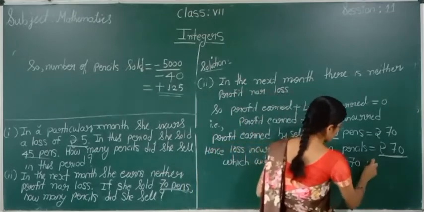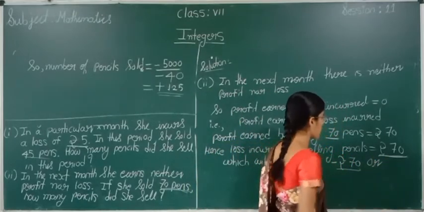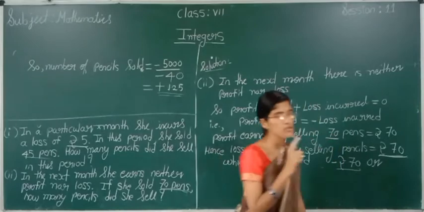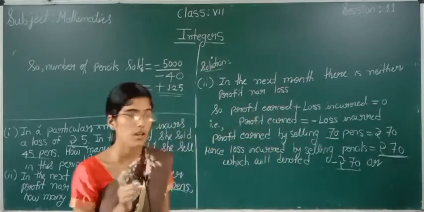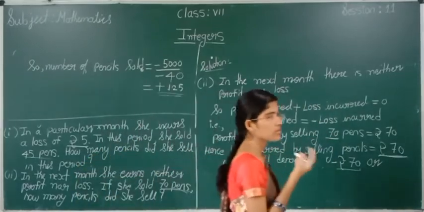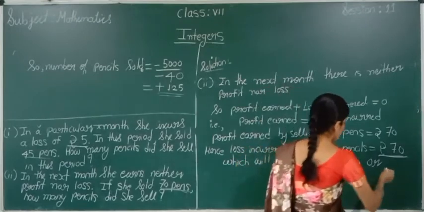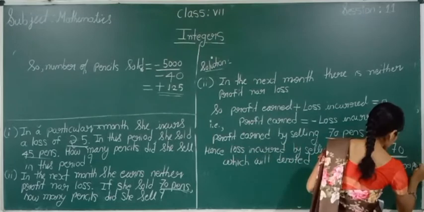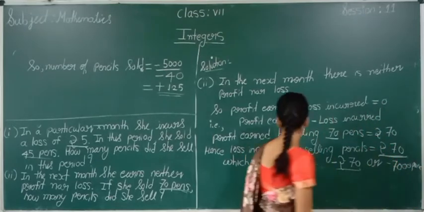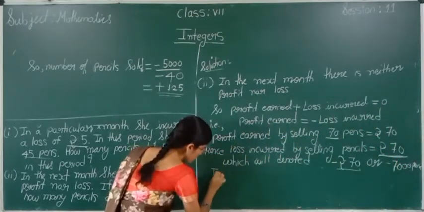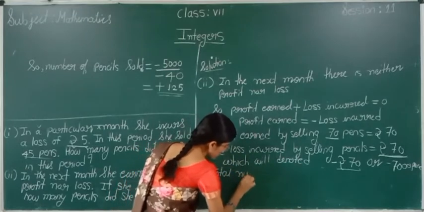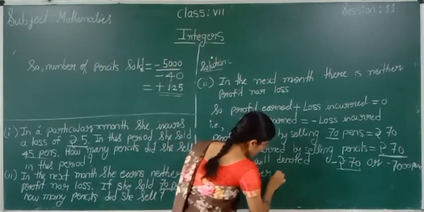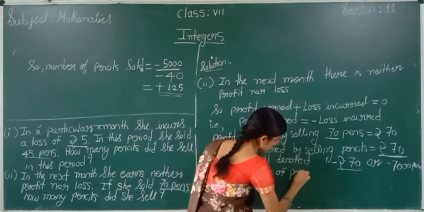Or we can write in terms of paise. How we can write? 1 rupee is equal to 100 paise. Okay, 70 rupees is equal to 7000 paise. Now, total number of pencils sold.